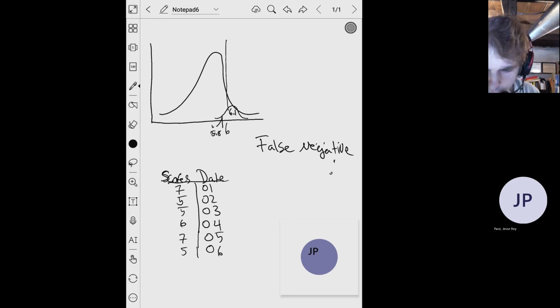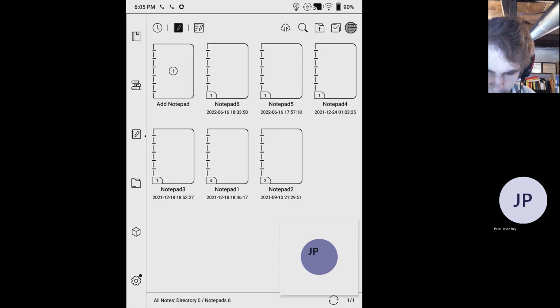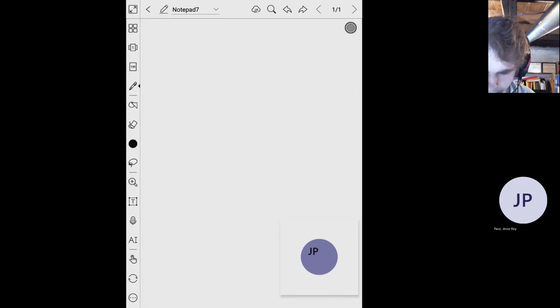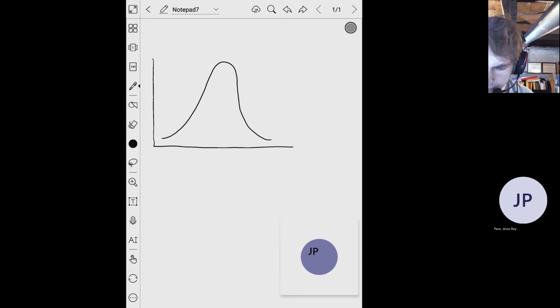So if we moved this cut score that we have here up, I'll go ahead and make another page for this. If instead of a 6, we decided to move our cut score up here to a 7, well, what's going to happen?